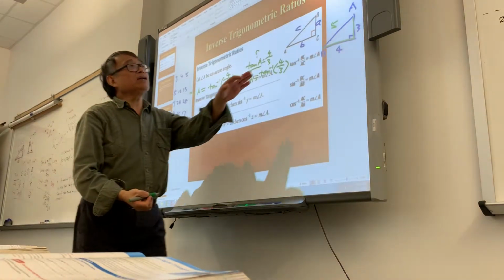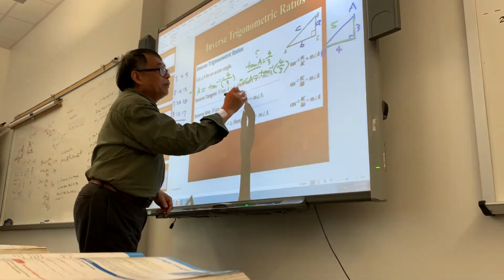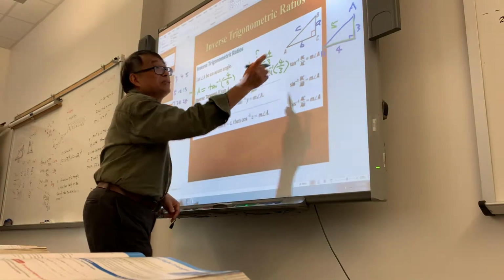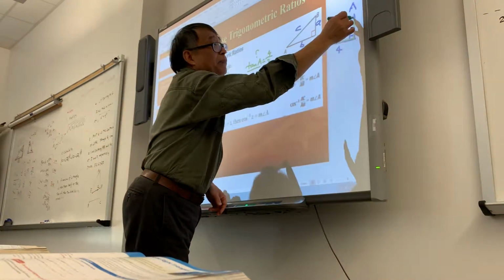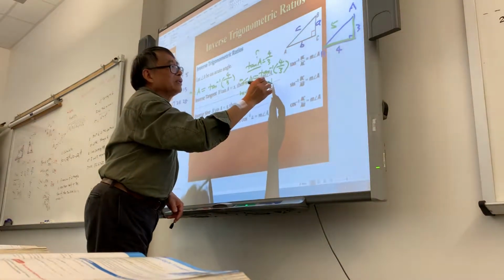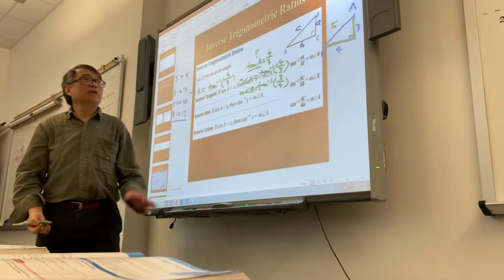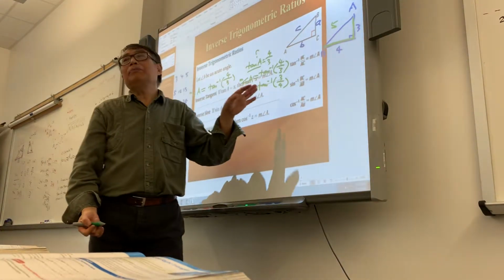Same thing for angle B. Angle B measurement for this question is opposite over adjacent, arc tangent 3 over 4. Now, I hope you can remember this, okay?